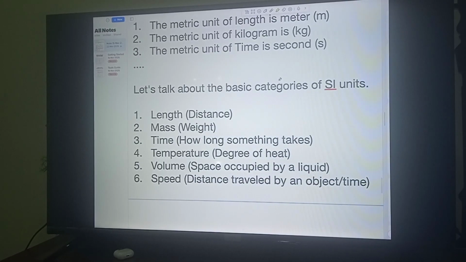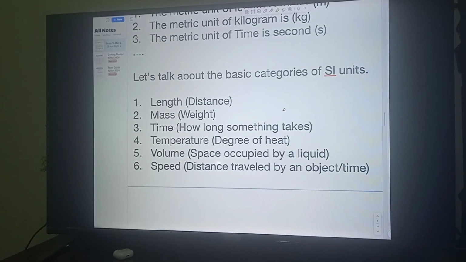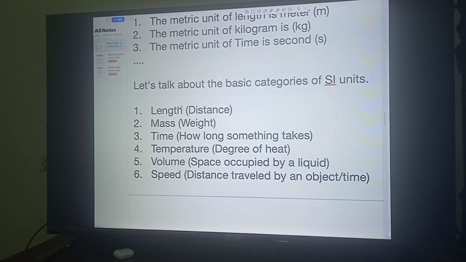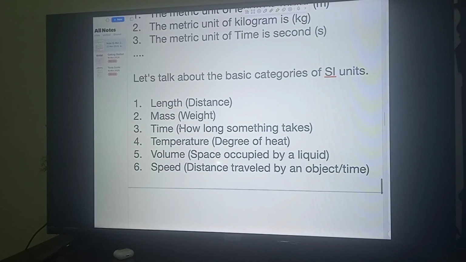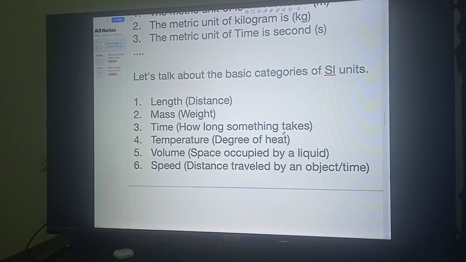Now we will talk about some basic categories of SI units. The first one in this lecture is length. Length is used to measure distance. Mass. Mass is used to measure weight. Time. Time measures how long something takes or something happens. Temperature.